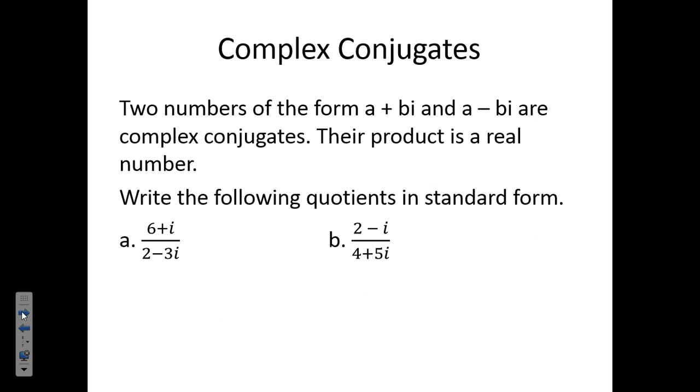Complex conjugates are of the form a plus bi and a minus bi. With polynomial equations, they travel in pairs. When one's the root, the other's also a root.